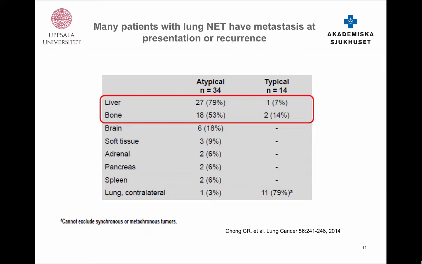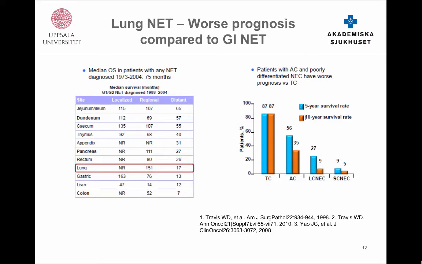We have also heard that these tumors present metastases, and as you can see, the atypical ones have more metastases than the typicals, and this is a rather small series, but you can see they go mainly to liver and bone. Sometimes you even see brain metastases.